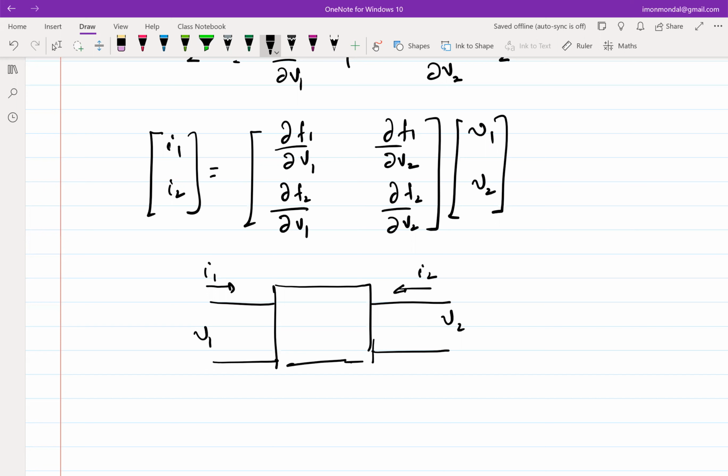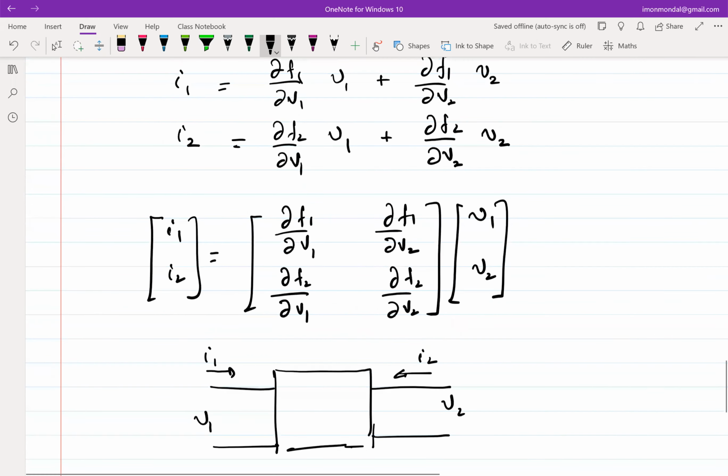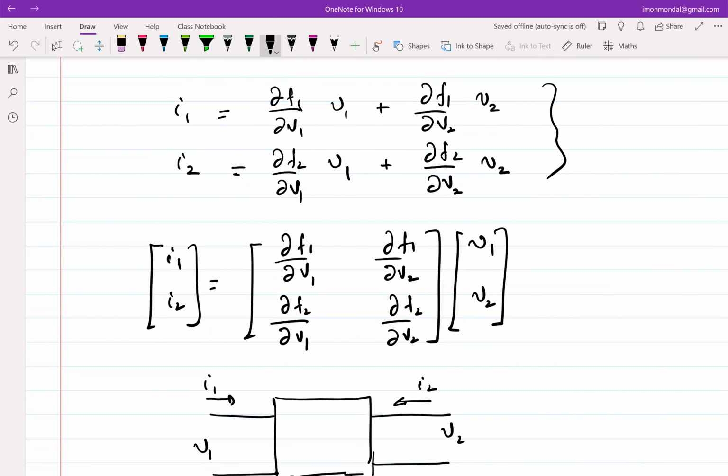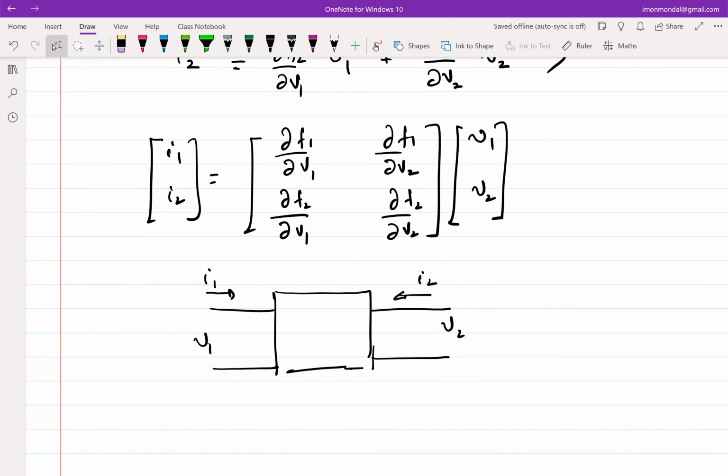I got rid of the nonlinearity by simply subtracting the quiescent value, and I retained only the first order terms. So I'm getting a set of linear equations that relates incremental I1 and I2 with the incremental V1 and V2.